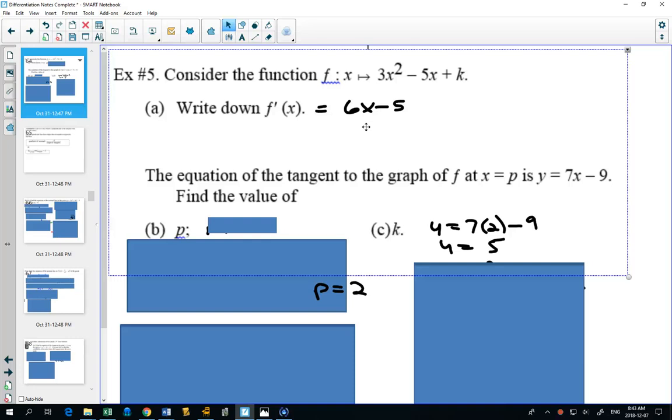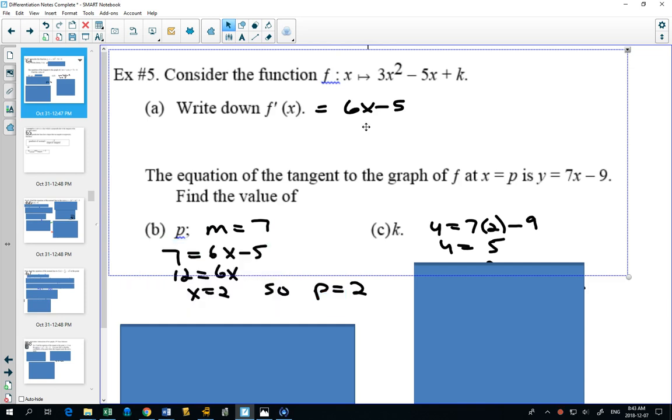What's in this equation? We got a slope and a y-intercept. Of those two things, slope and y-intercept, what's going to help us work backwards? The slope. So we know that our slope is 7. And we know that our derivative finds all the slopes, so we can plug in 7 equals 6x minus 5 and find out that x had to be 2, so that means p has to be 2.